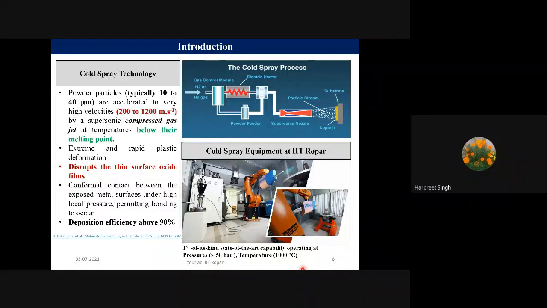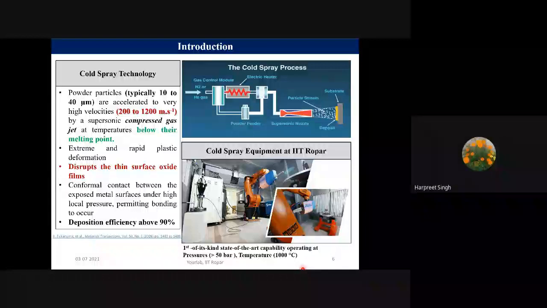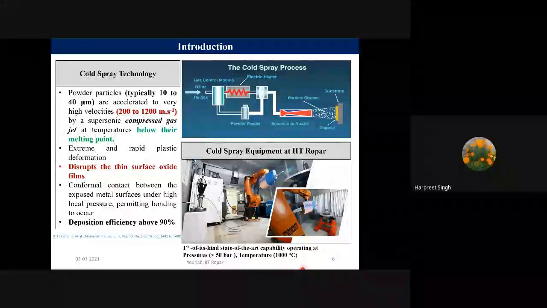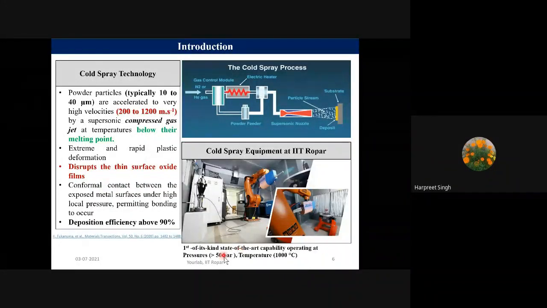It's not that we don't have cold spray systems in India, but having these kinds of capabilities in terms of 50 bar pressure and temperature is rare here. At least I know of only two. One, of course, is at GE and some private setups. But in the public sector, I think we have only two such systems which can go up to this.